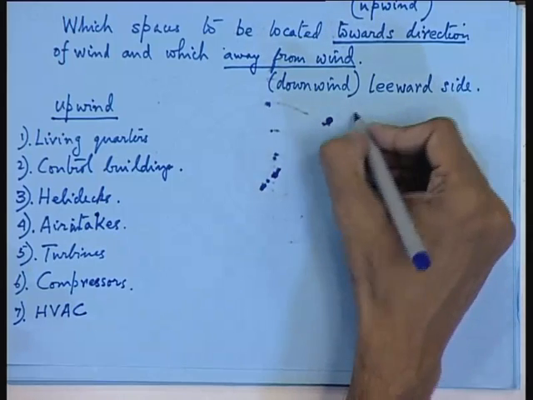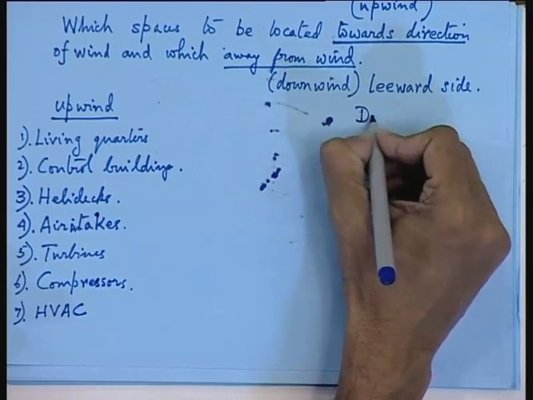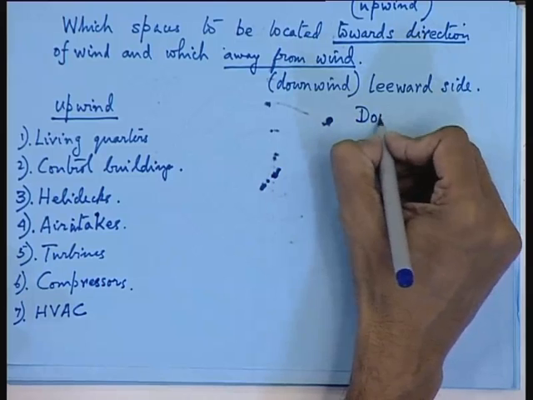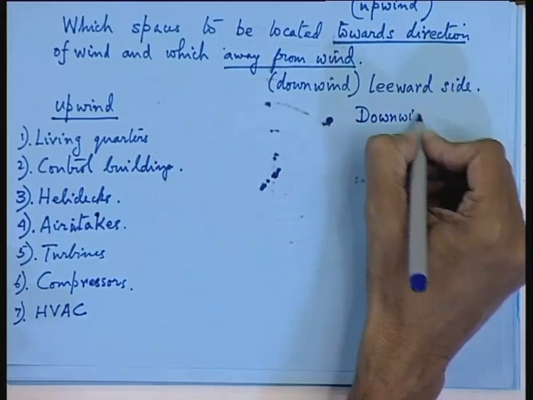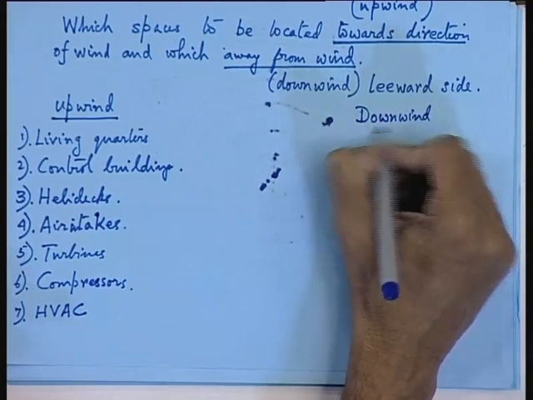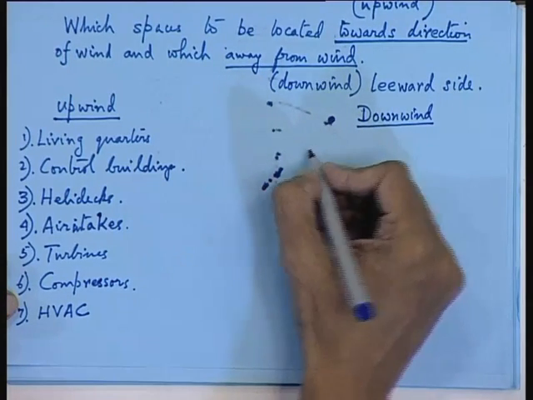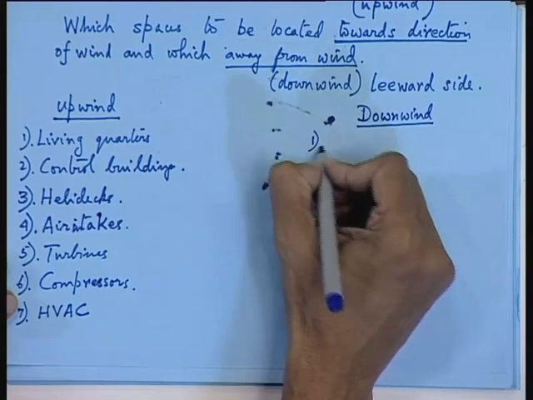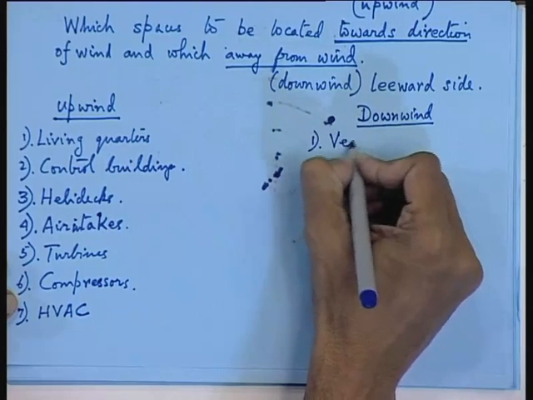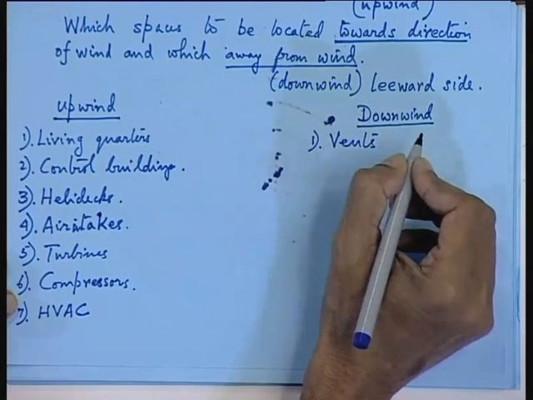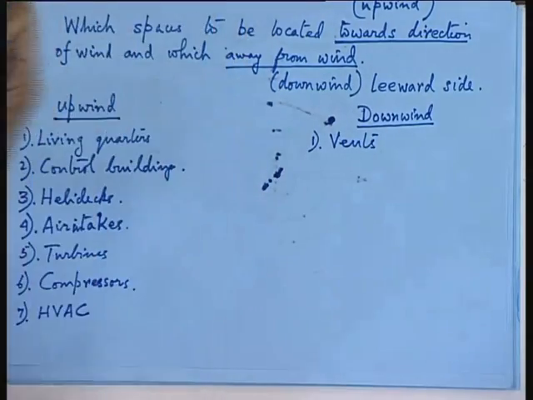Now, on the downwind side, these are going to be protected from the wind. On the downwind side you give vents. That is, if the wind is blowing in this direction, the vent should be in the opposite direction. Do not place vent in this direction.